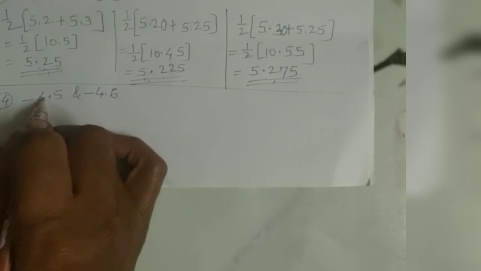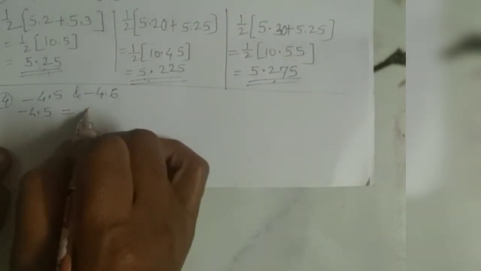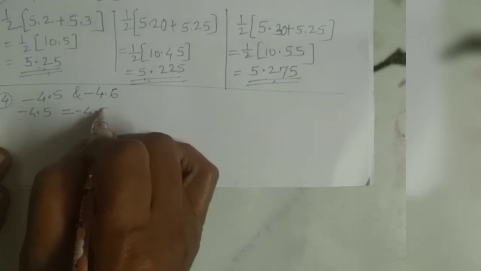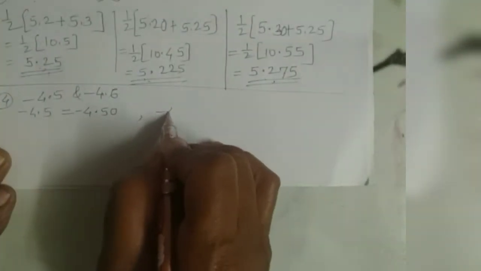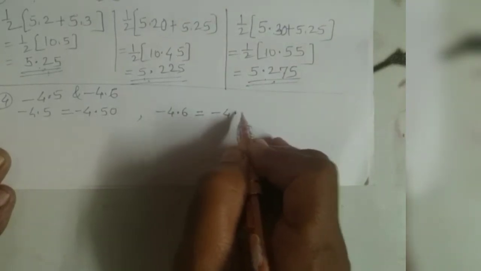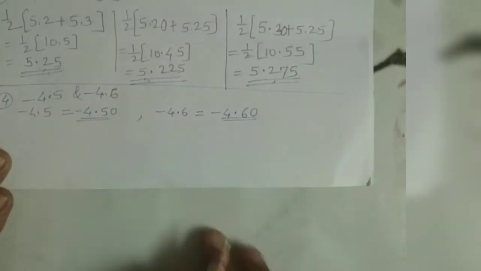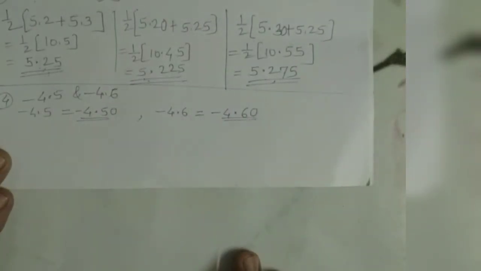Like this way, this minus 4.5 we can write as minus 4.50, and this minus 4.6 we can write as minus 4.60. In between these two numbers there are so many numbers, infinitely many numbers.